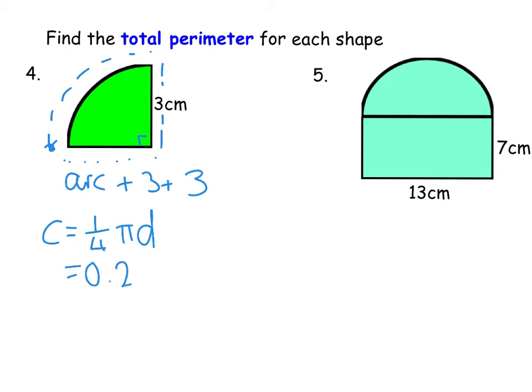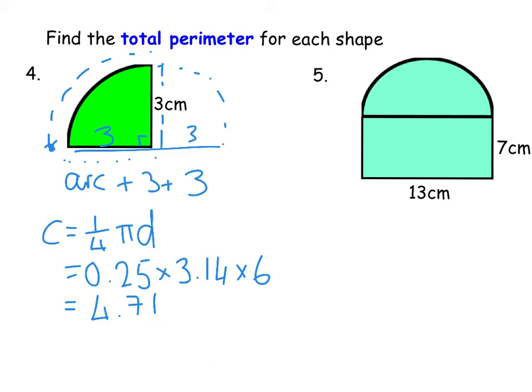So we'll do 0.25 times 3.14 times, now remember that 3 is only your radius, your diameter would be 3 plus 3, which is 6. So if you work that out, you get 4.71. So remember, that is just this arc bit, that is just my black line, that's just the arc.